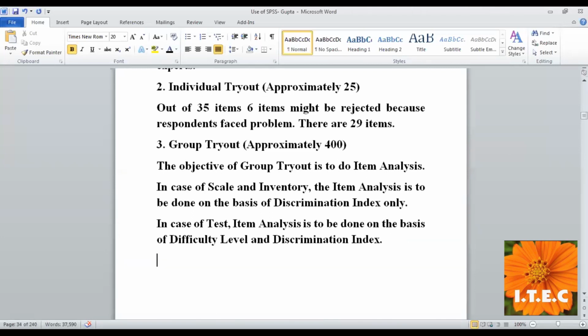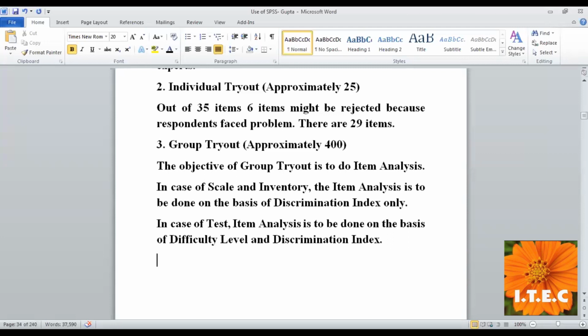Now, this 400 should not include those people who were taken for the individual tryout. For the individual tryout, you have taken 25 people. So these 25 people should not be part of the 400 or 300 or 500, whatever you have. Therefore, this group must be a fresh group.